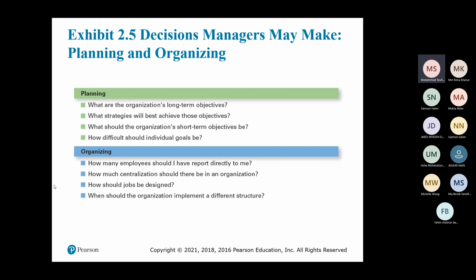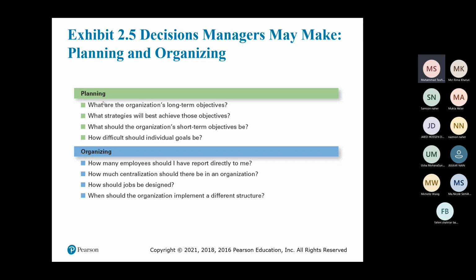Okay, so that is the process of decision making. Now, as a manager, what kind of decisions will you usually make for your company? Here, this figure shows you the types of decisions that you will make as a manager.